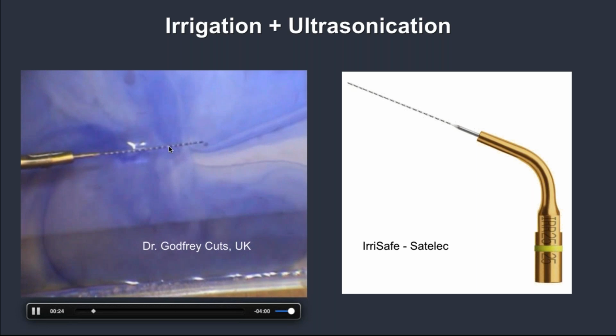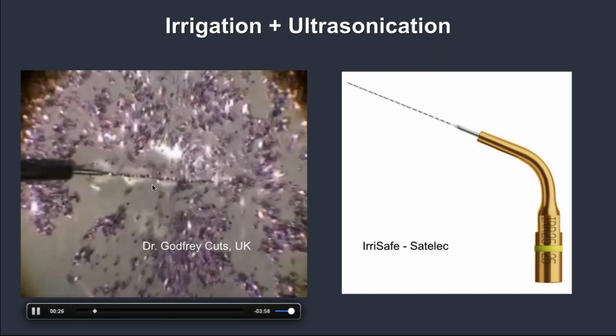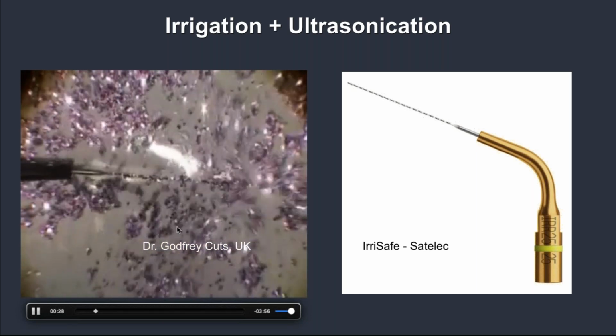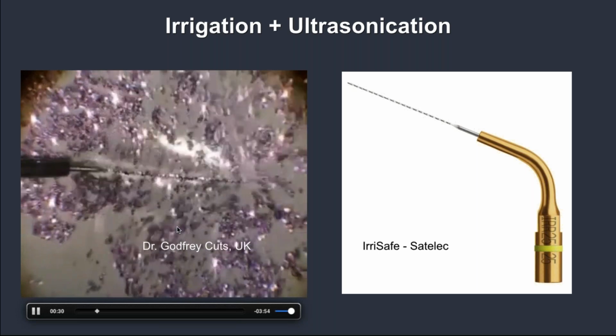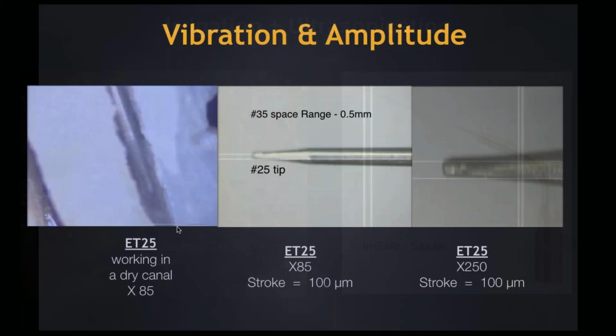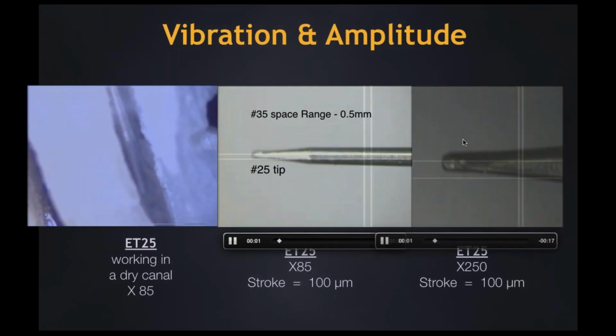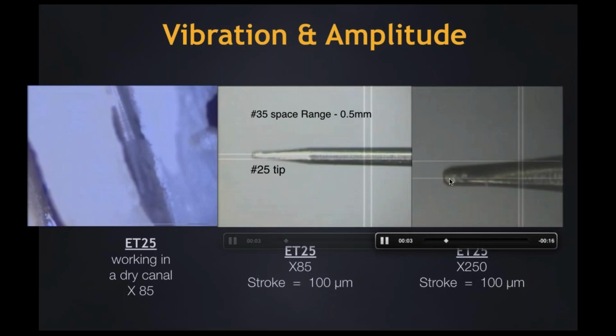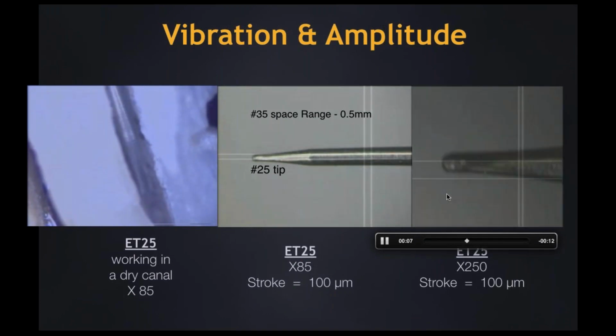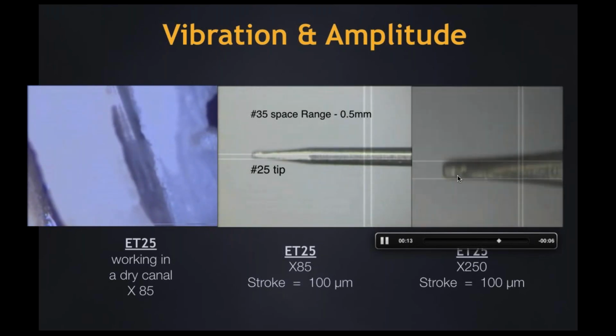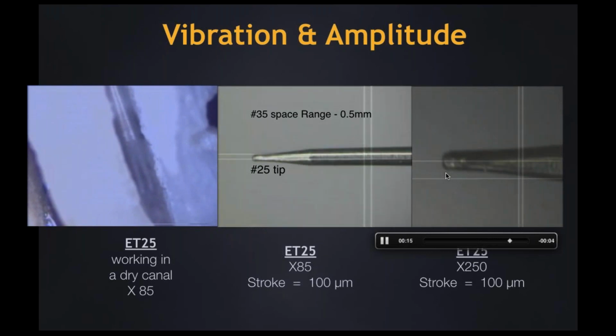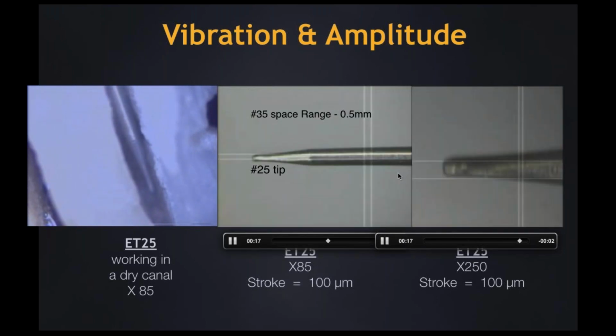And secondly, the ultrasonic has to be completely loose and moving optimally in order to get this effect. And as you can see here, you need a lot of free space. So you need at least a 35 in order to have the ultrasonic tip loose. Now, around the curvature, or if you've instrumented less than a 35, your ultrasonic is not very effective.